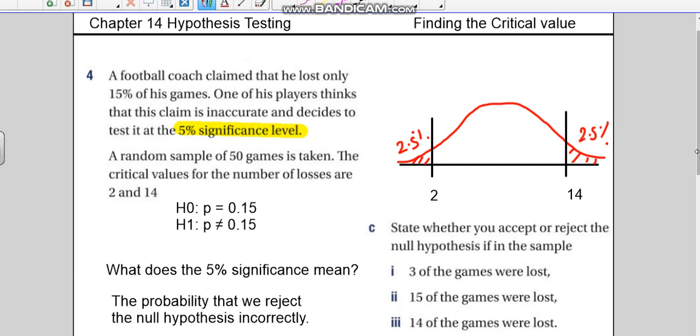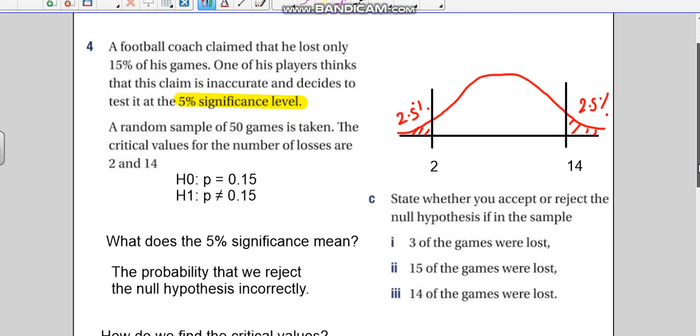Very quickly, just to remind us how we were doing this question last week. State whether you accept or reject the null hypothesis if in the sample 3 games were lost. Well, 3 is here above the 2, so that's in our acceptance region, so we would accept. 15 games would be here above the 14, so that's in the critical region, so we would reject.